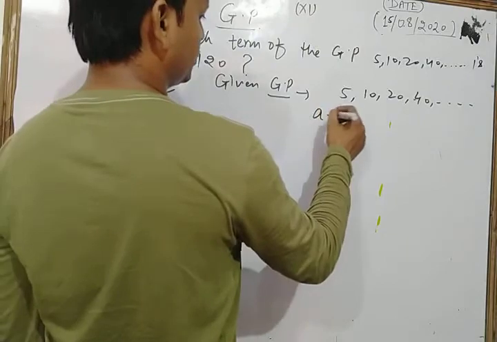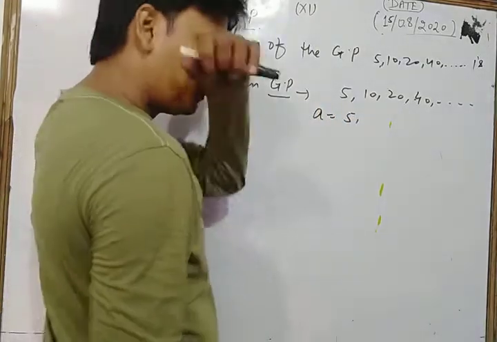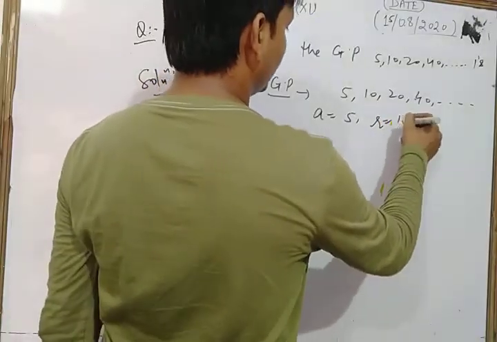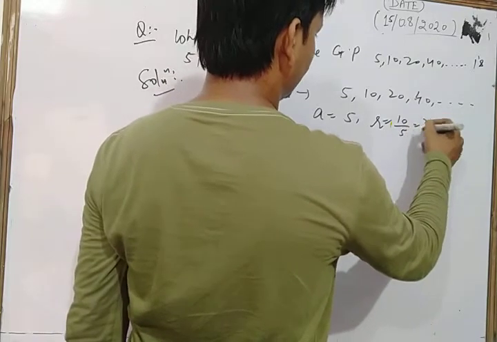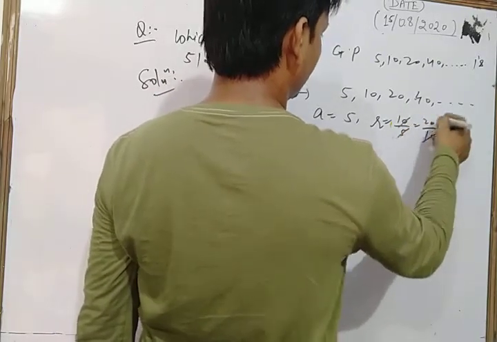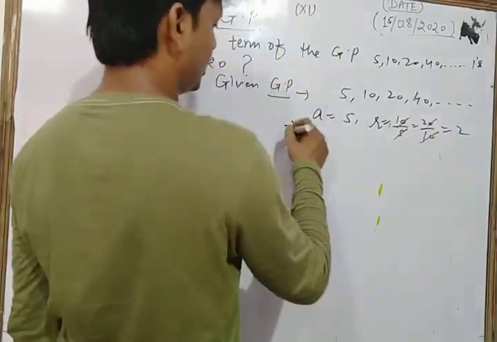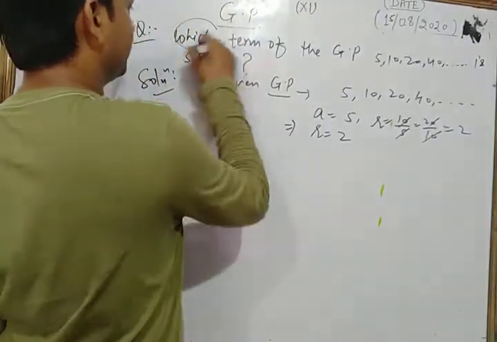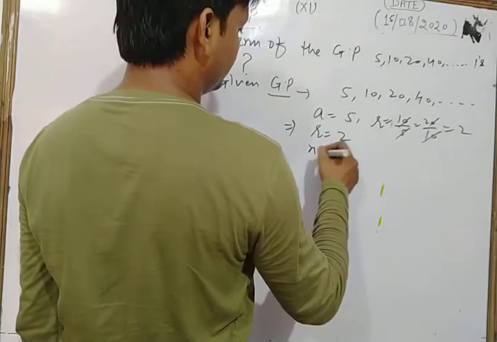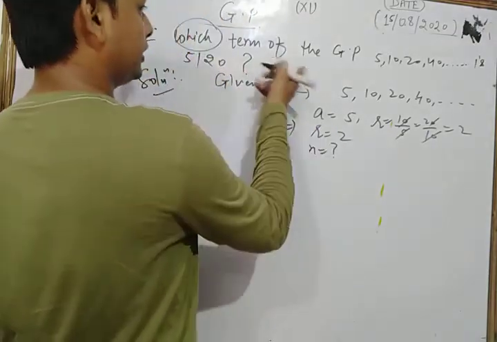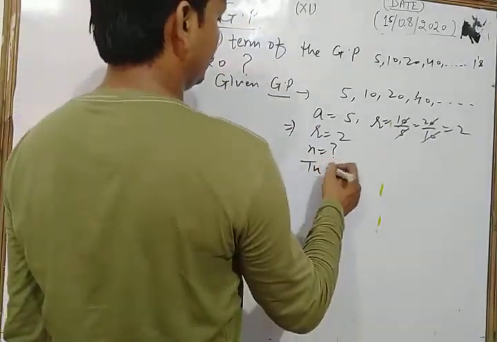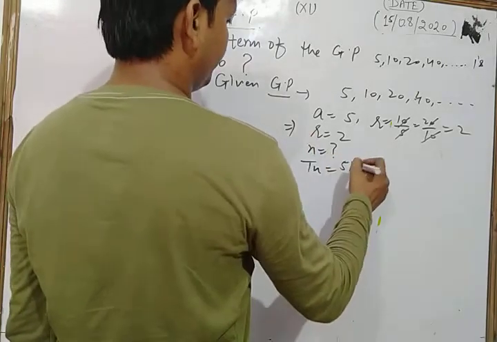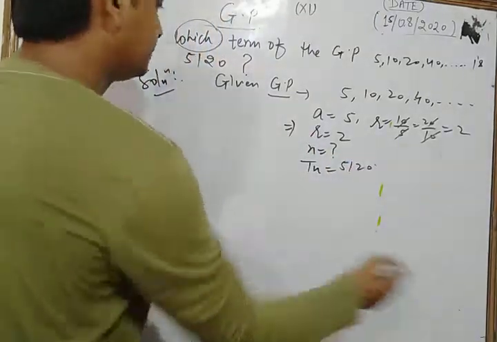Here the first term is 5. The common ratio R is equal to 10 by 5 or 20 by 10, each equal to 2. So the common ratio is 2. We find the number of terms. Suppose the nth term of this GP is 5120.